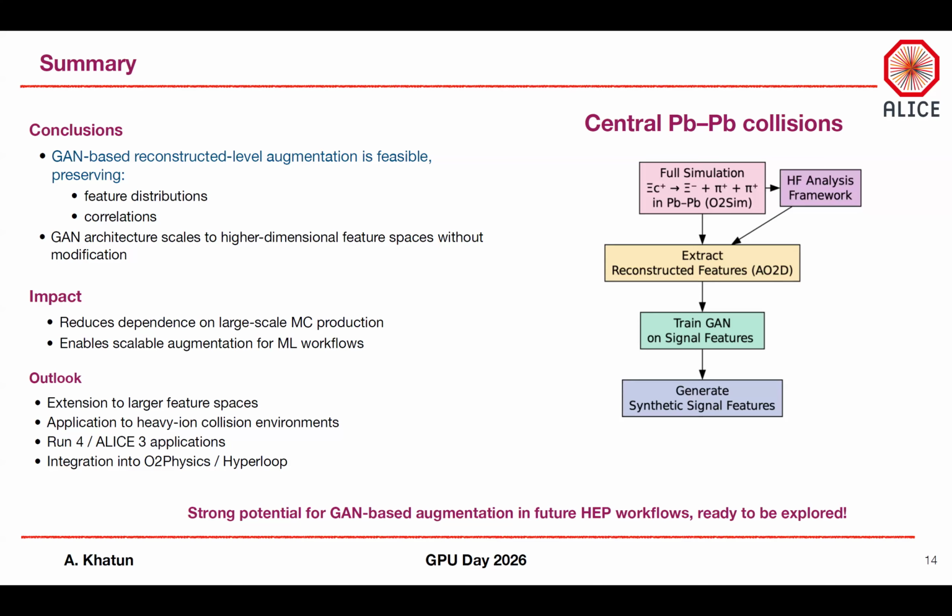We could extend to many more features, and for this application, as I mentioned, even for Run 4 and Alice-3 applications, where we expect much more data. And we use Alice offline, online computational system and parallel computational grid. It could be integrated there. So there is strong potential for GAN-based augmentation in the future of high energy physics workflows, so ready to explore.